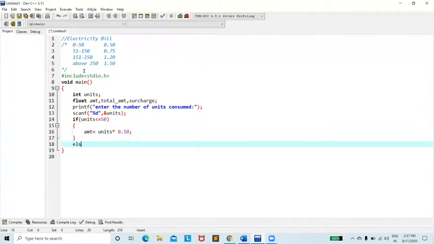Next, else if units less than or equal to 150.